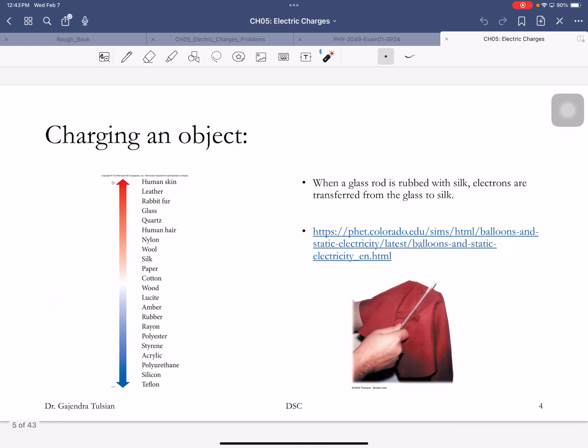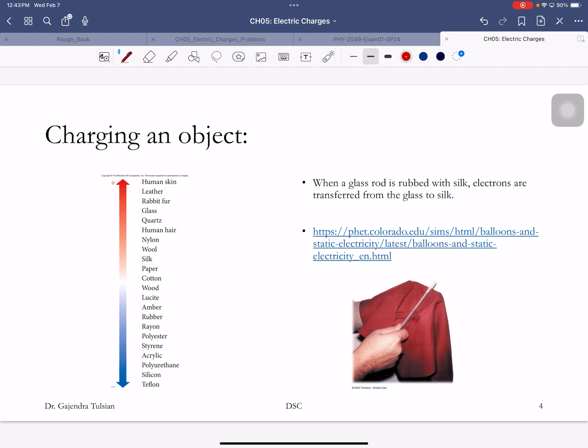Here's how you can charge particles in practice. What I'll do is draw you a model of an atom. I'll draw a simple atom, the lithium atom. Lithium atom has 3 electrons to it.